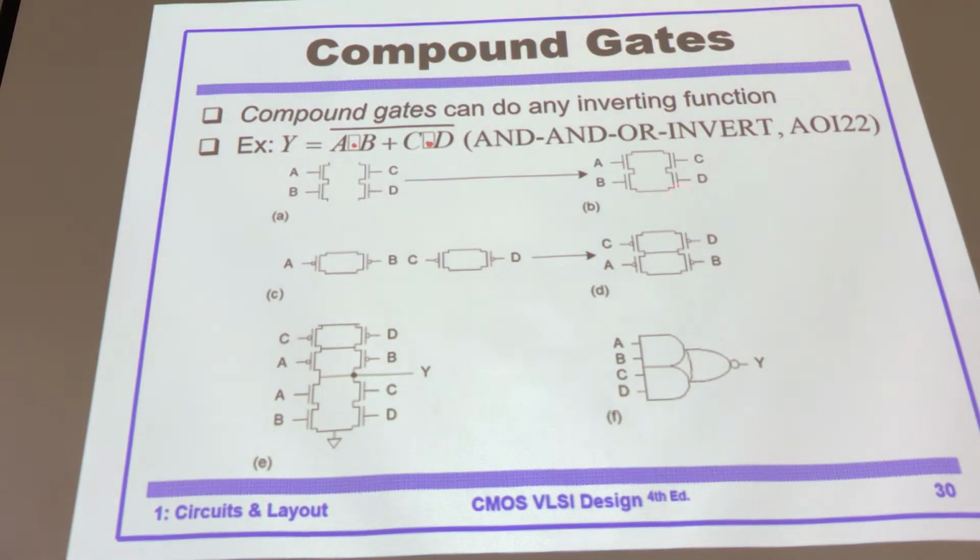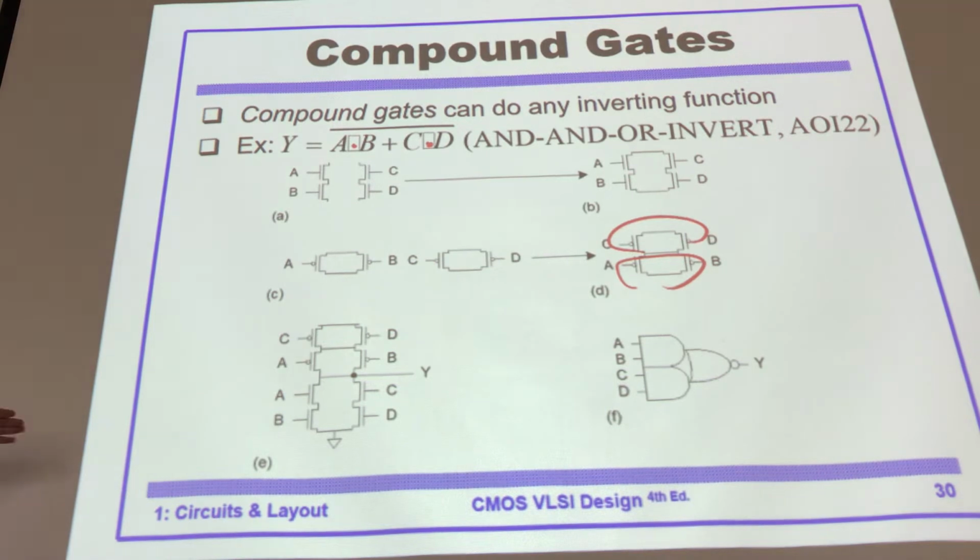That's for the N network. For the P network, when I say complement to each other, when A and B are in series, then the PMOS transistors are in parallel. C and D in parallel. These two here in parallel, then AB and CD in series. These two are in series. Can you see that? These two are in series.